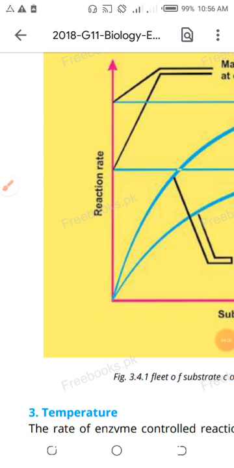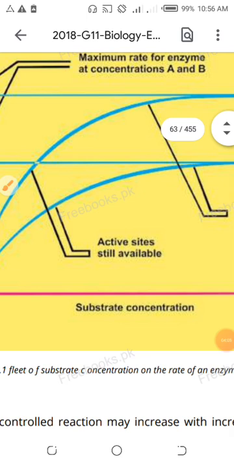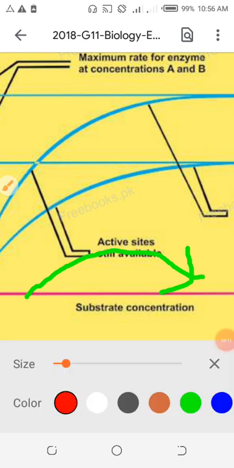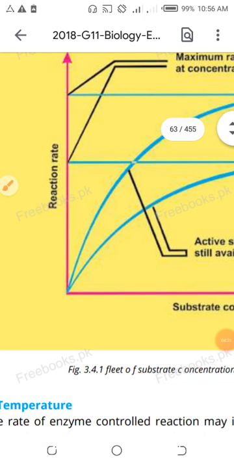Enzyme concentration we ignore for some time, and we just see what happens when you increase the substrate concentration from here to there. Just see the colors: the black lines are telling that the substrate concentration was less and the reaction rate was less. How can you see the reaction rate? You can see it from here. This is the reaction rate.